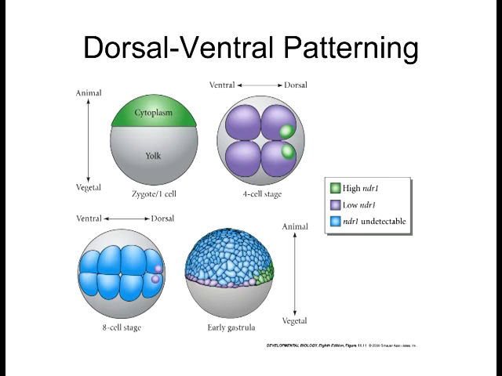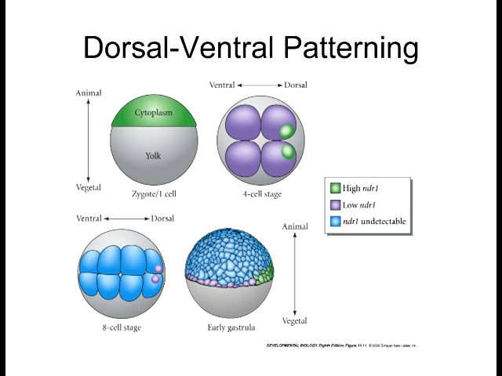It's called nodal. So nodal is sequestered to this region. If you're looking at the cleavage of the zebrafish here, you can see in this region you've got some sequestering of nodal, where you have a high amount of this protein. This is where the organizer is going to form in the zebrafish. This is also where gastrulation begins, in that embryonic shield, where you start getting involution of these cells.